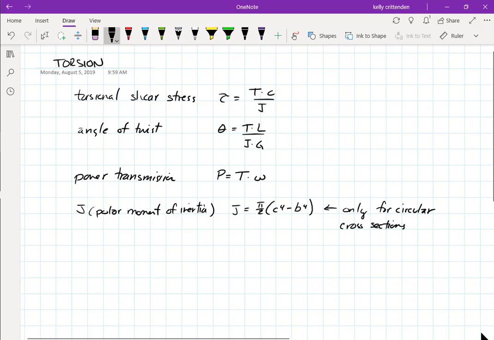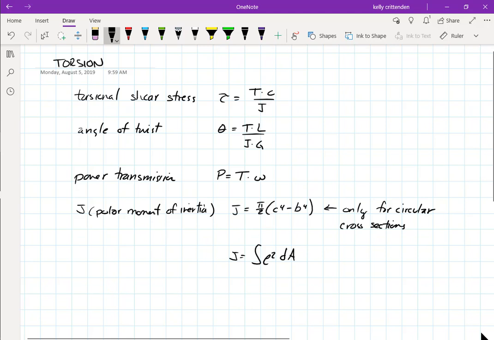If you had a shaft that was a different cross section, which we're not going to have in this course, then you'd have to go back to the more generic J equals the integral of rho squared dA and solve for whatever shape you did have. And I'm sure there's charts and lists of more than just circles, with this equation already solved for hexagons and stuff like that. But we're only going to do circular cross sections.